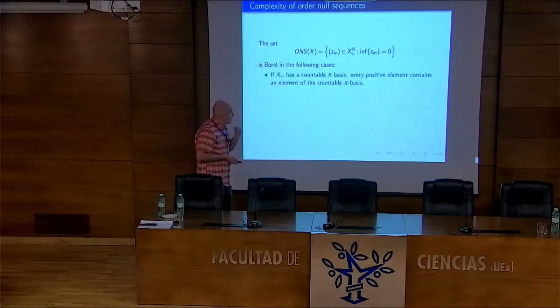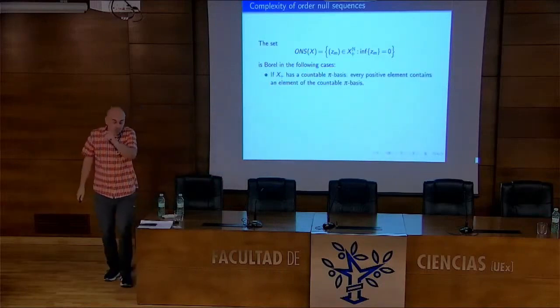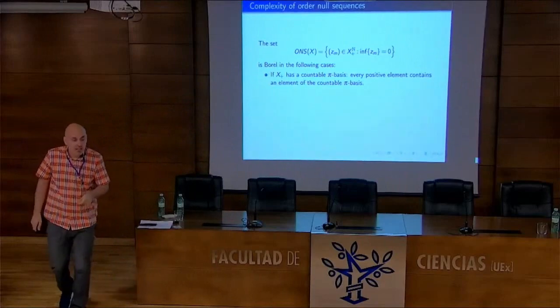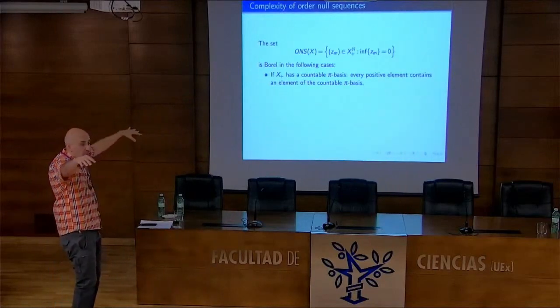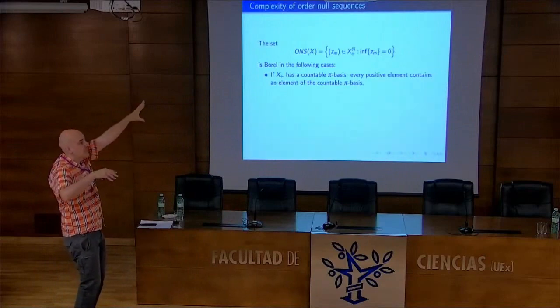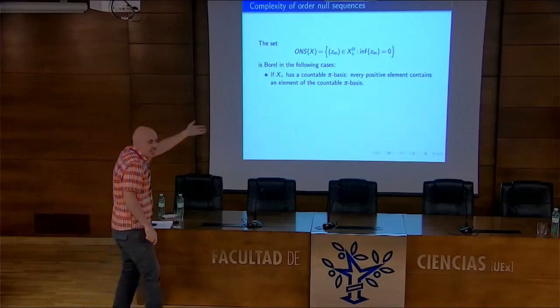One case is if X plus has a countable pi basis. By pi basis, if you know the notion from topology, I'm using something analogous. A pi basis is a set of positive elements such that every other positive element has one below it.